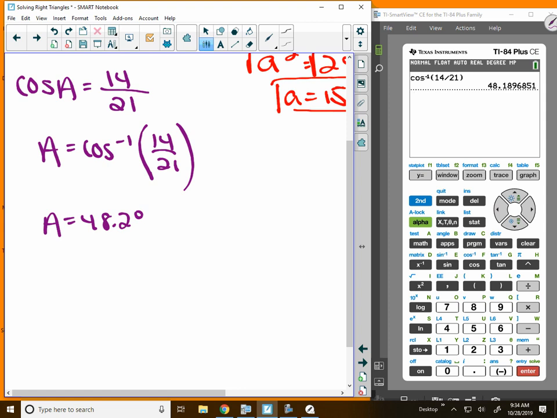All right, good. Only when you're finding an angle. You might want to make a little note, maybe in the left-hand column over there. We only use inverse trig for finding an angle.